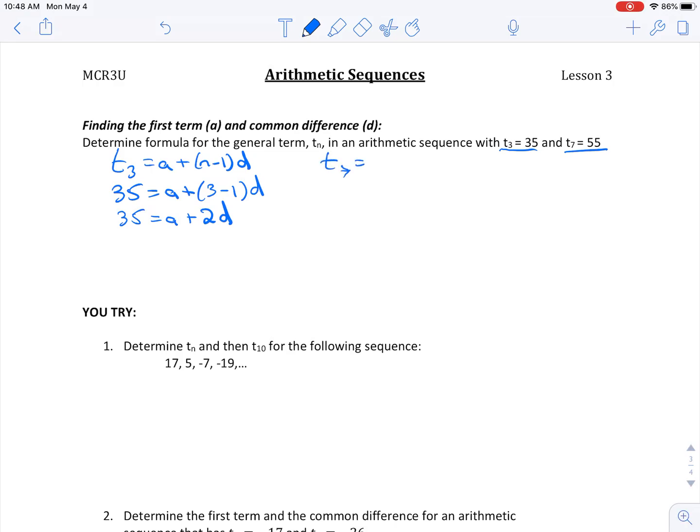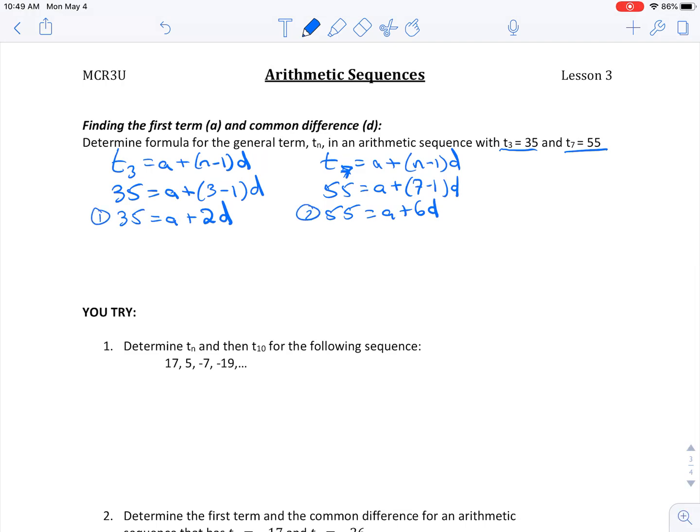So this becomes 2d. I'm going to call that, well, I'll come back to it in a second. And so the next one, I've got t sub 7. If you want, you can just jump straight in. So t sub 7 is 55 plus 7 minus 1. So 55 equals a plus 6d.